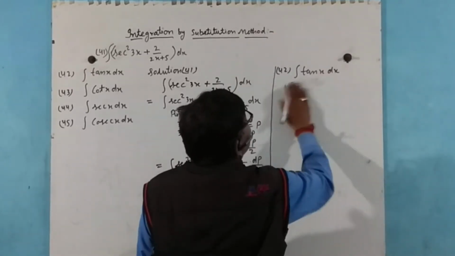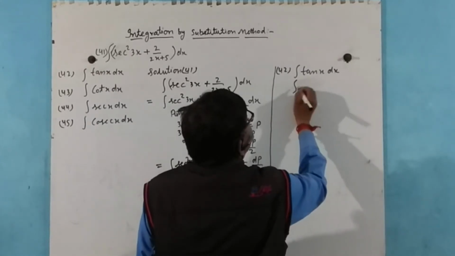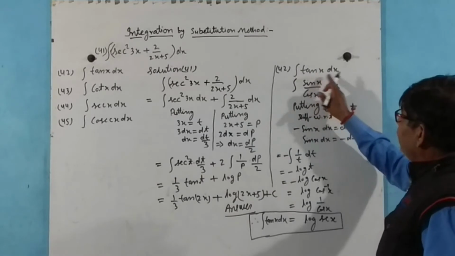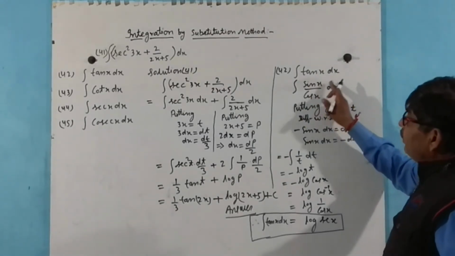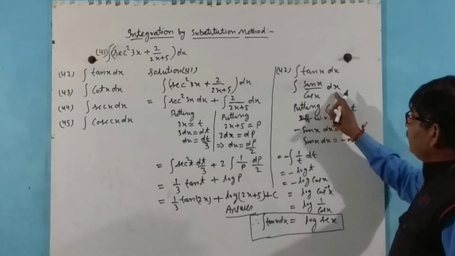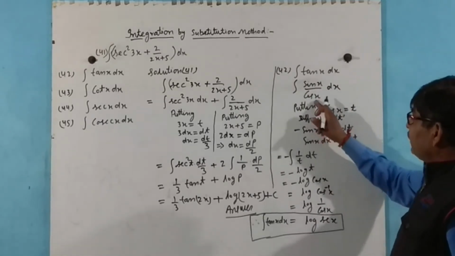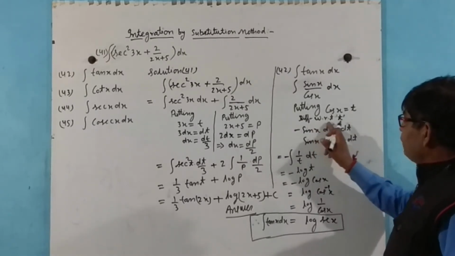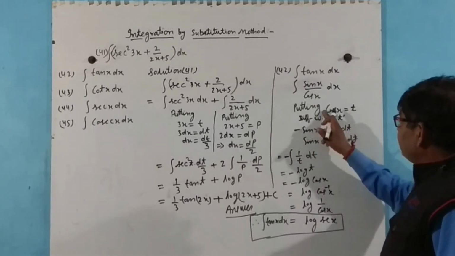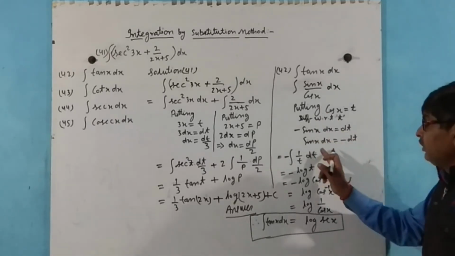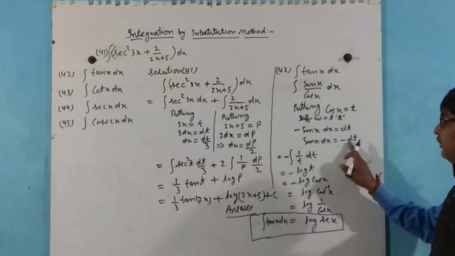First of all we change it: tan x equal to sin x by cos x dx. Putting cos x equal to t, differentiating, minus sin x dx equal to dt, so that sin x dx is equal to minus dt.